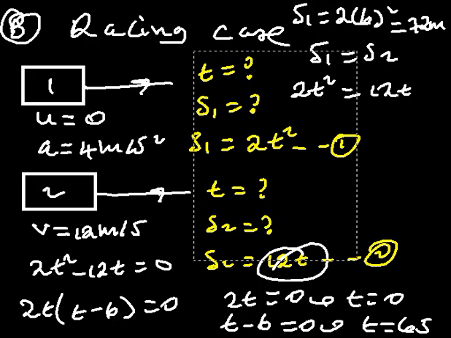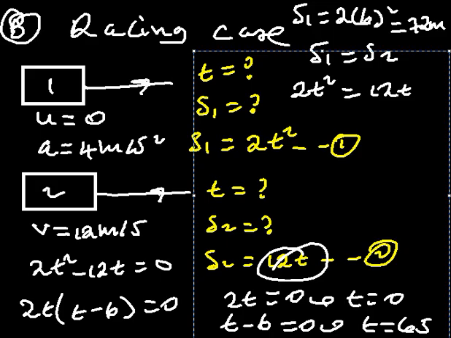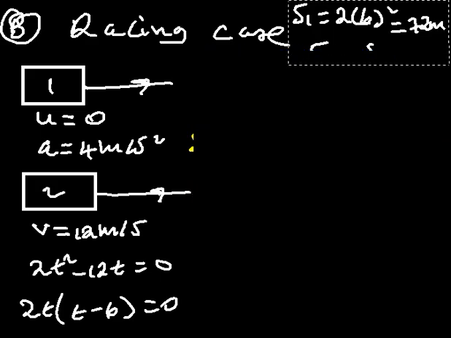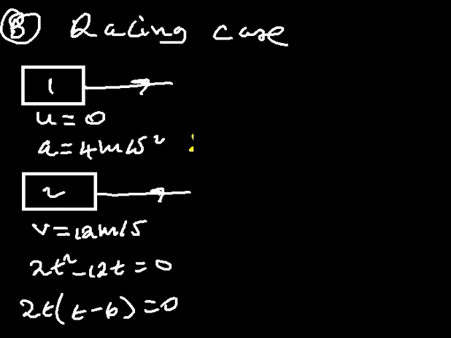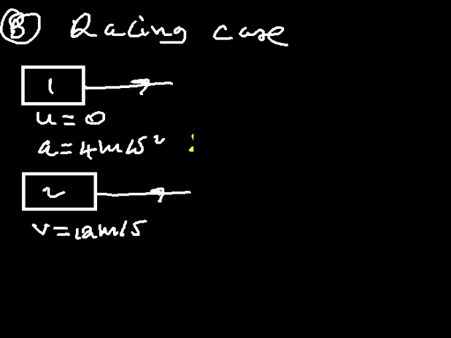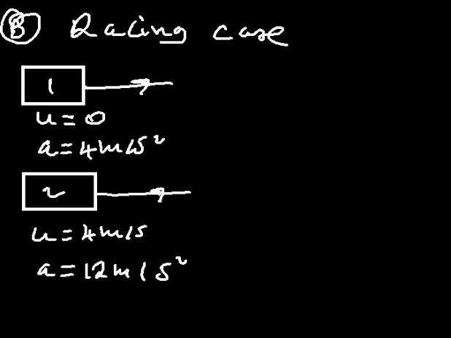And what if we have this case now? Let's say object 2 has an initial velocity of 4 meters per second and an acceleration of 12 meters per second square.